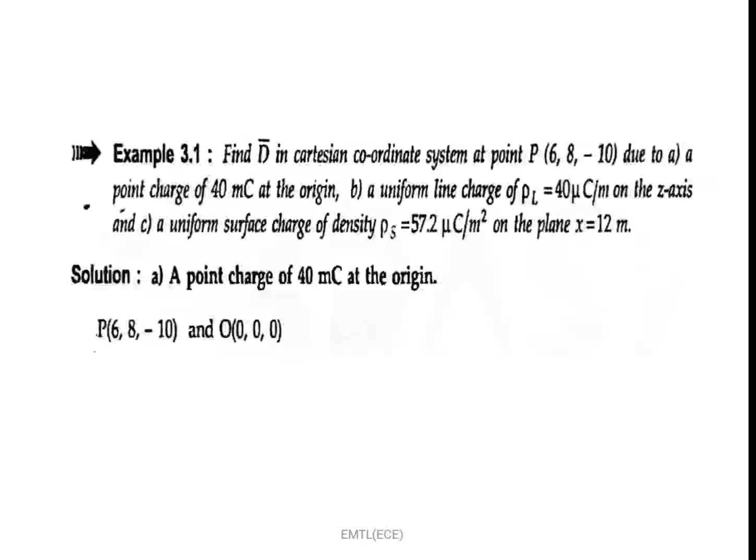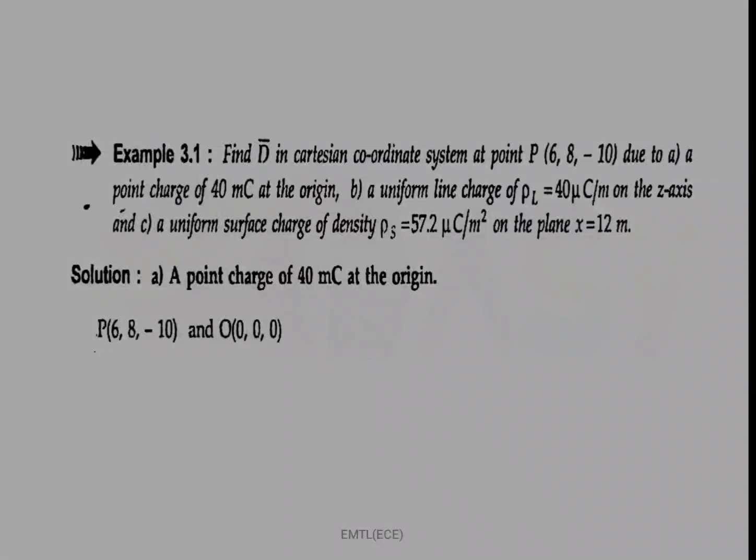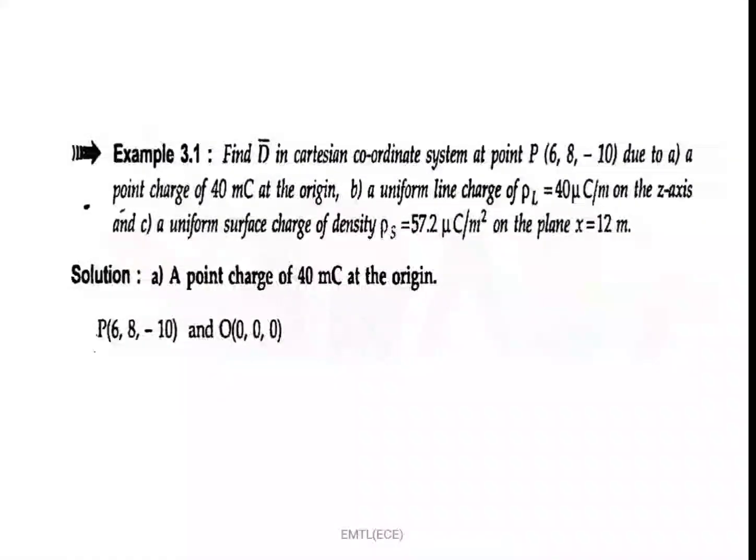And the next problem: find D bar in the Cartesian coordinate system at point P (6, 8, minus 10) due to a point charge of 40 microcoulombs at the origin.